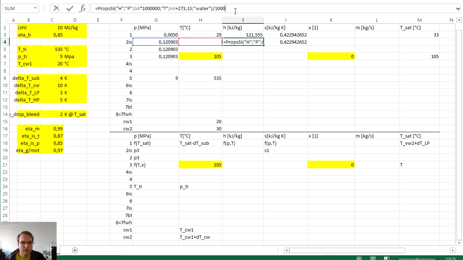So for enthalpy we will want H as enthalpy based on P as pressure, which we have here, and not temperature but entropy, and entropy times 1000 to have joules per kilogram and Kelvin, the basic units.